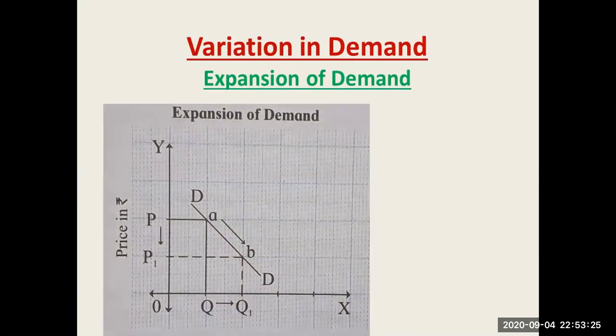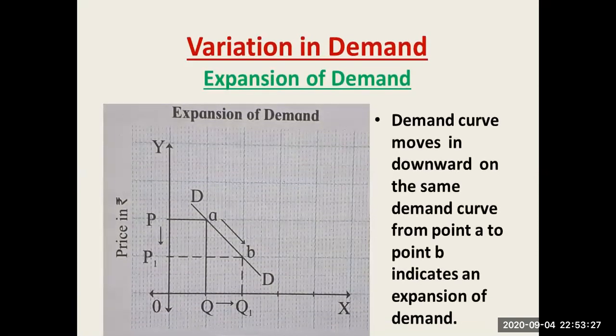Then we discuss the graphical representation of the expansion of demand. We have discussed the slope of the demand curve: the curve going downward from left to right is the demand curve. On your screen, I have shown the expansion of demand curve. The x-axis measures the quantity of a commodity in kilograms, and the y-axis measures the price in rupees.